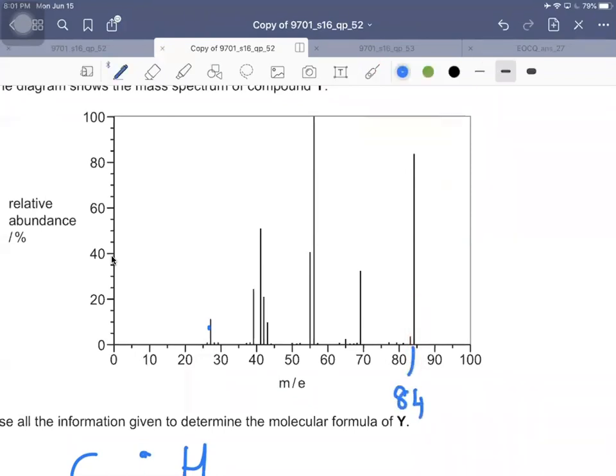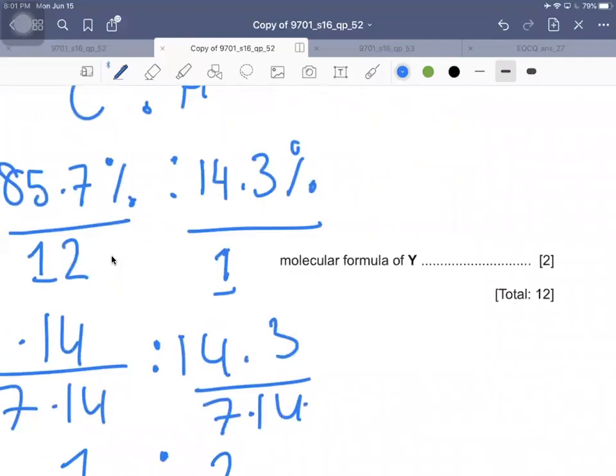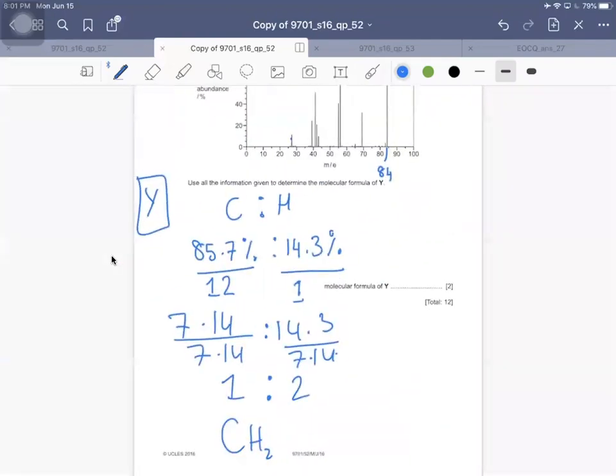So this tells me that compound Y has an MR of 84. The empirical formula is CH2, but the MR of Y is 84. So you need to find the molecular formula using this relationship: molecular formula equals n times empirical formula.